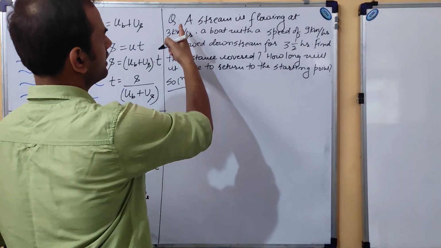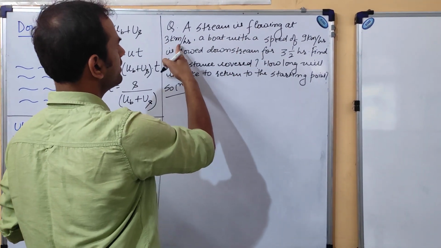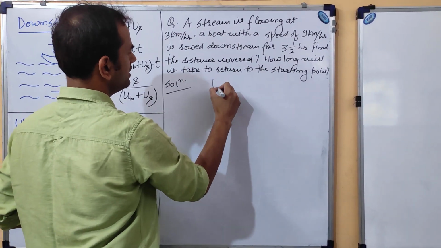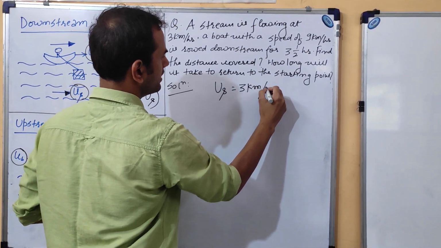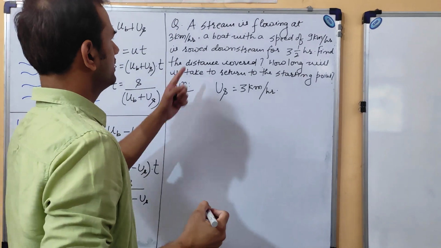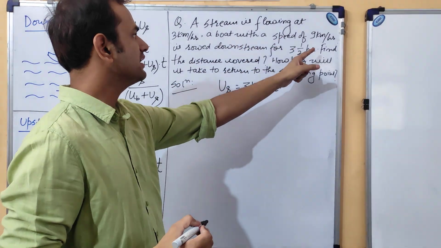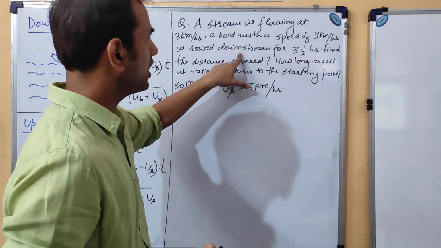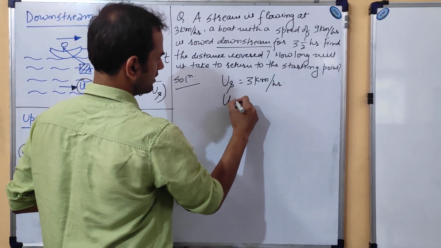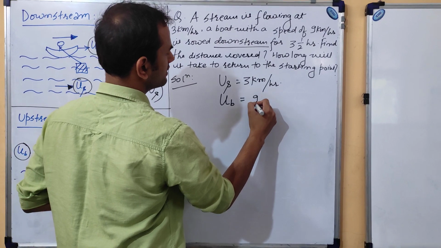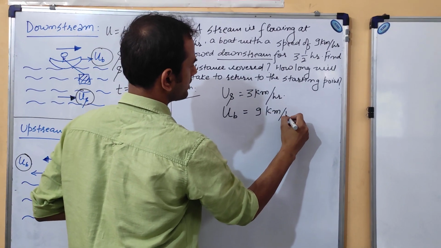Okay, see the question. A stream is flowing at 3 km per hour. So basically US is given as 3 km per hour, right? A boat with a speed of 9 km per hour is rowed downstream. This is very important. Downstream. That means the speed of the boat is given as 9 km per hour.